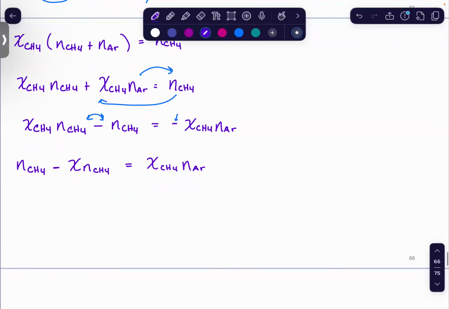All right, then I'm going to factor out number of moles of methane. That's going to be 1 minus chi.